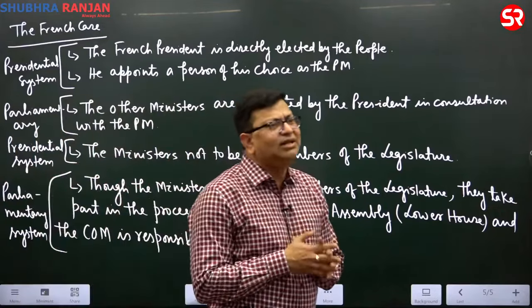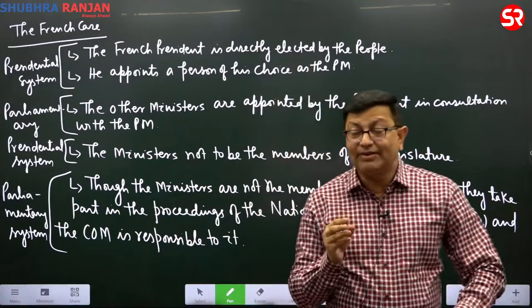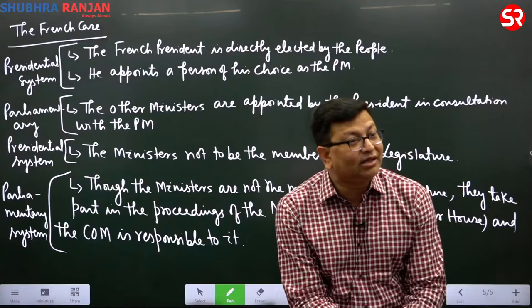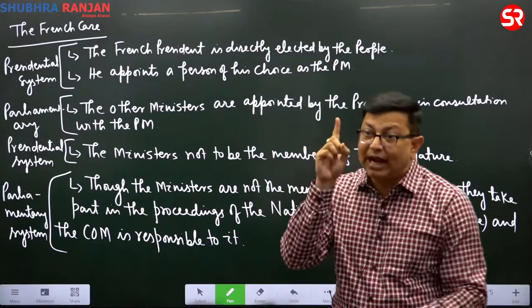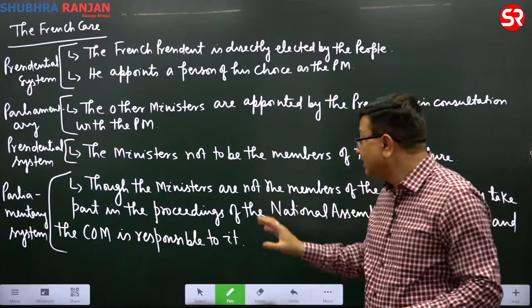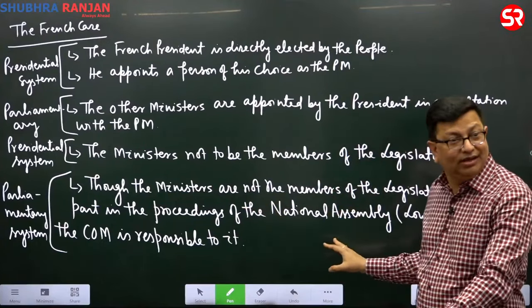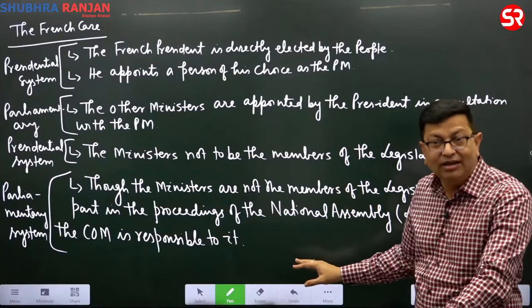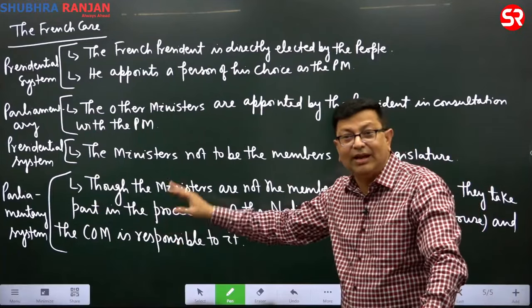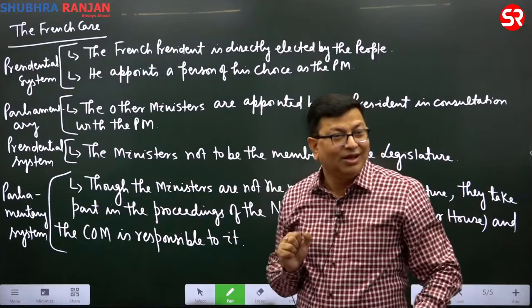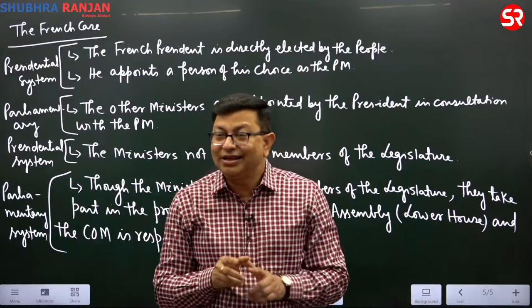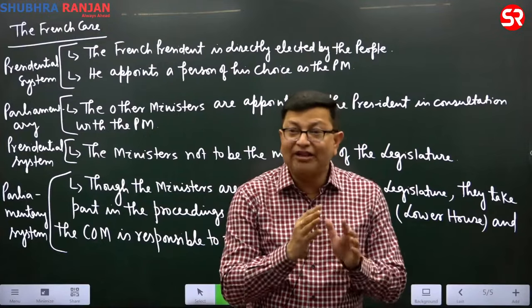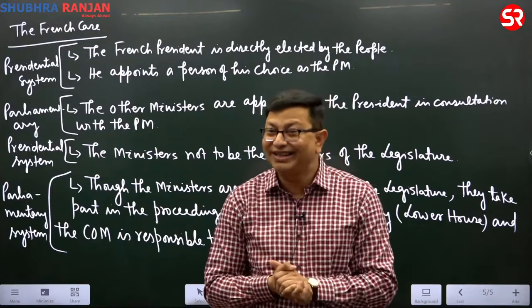Now, it is a challenge sometimes for the French president, whom to appoint as the Prime Minister, because the Prime Minister must have the support of the National Assembly. Otherwise, the National Assembly will pass a resolution and the Council of Ministers headed by the Prime Minister will no longer be there. And it is not necessary that always the President's political party will have majority in the National Assembly.